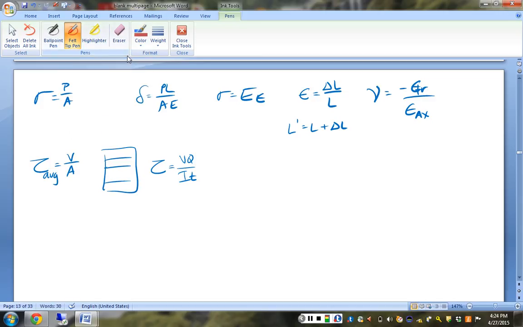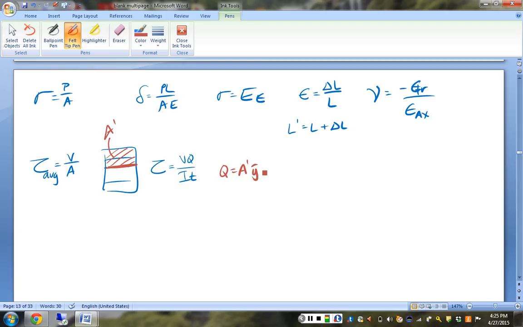Q is this first moment of area, and you think about it in terms of the area that would shear. If I ask you for the shear here in this center joint, Q is A prime times Y bar, where A prime is the area that would translate, and there are several different Y bars in here.